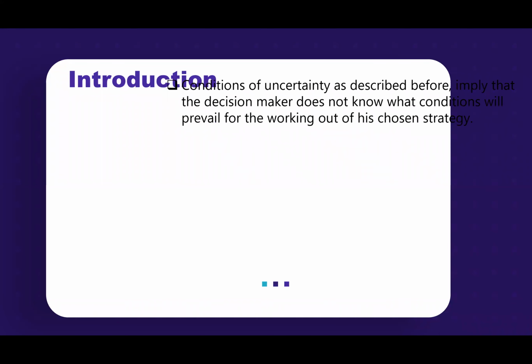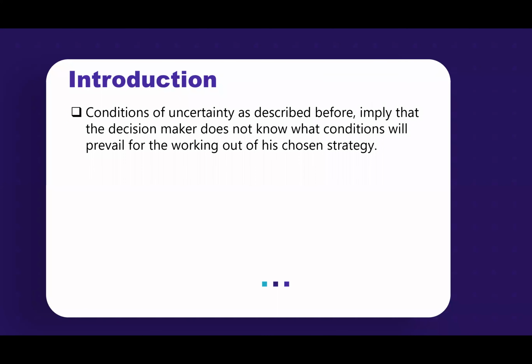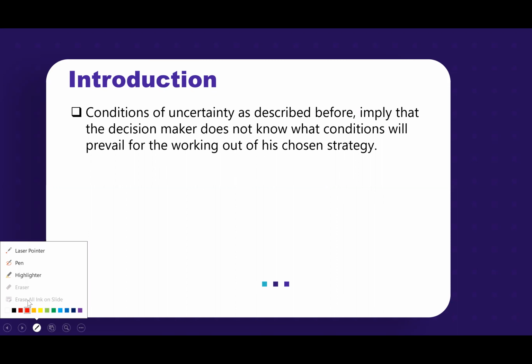So on the slide, we are saying that conditions of uncertainty, as described before in our discussion, imply that you as the decision maker do not know what conditions will prevail for the working out of your chosen strategy. You're not sure of what's going to happen, okay?